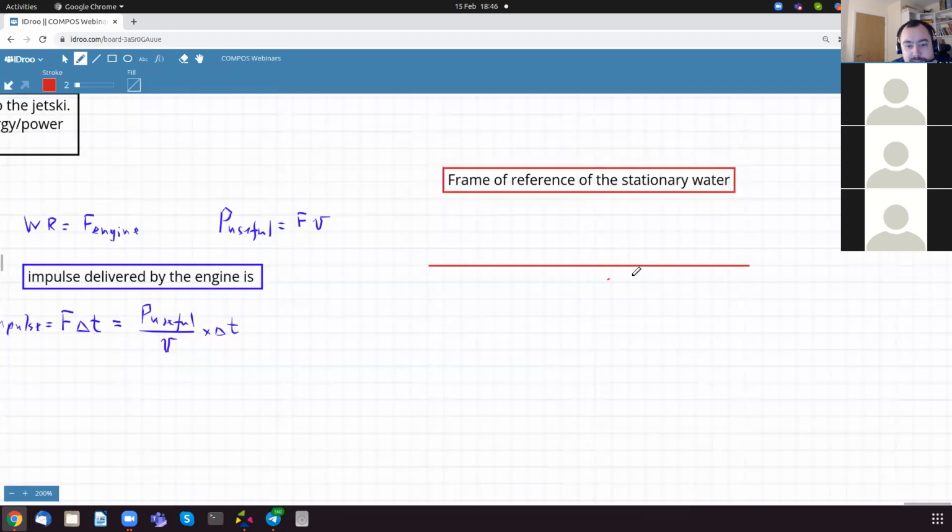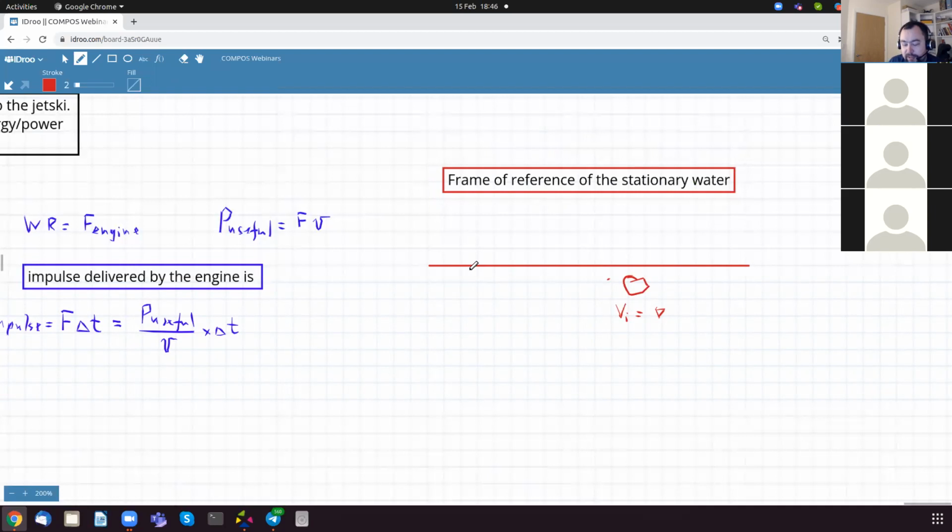The water initially is stationary, V initial is 0. And it is being thrown out of the back of the jet ski.